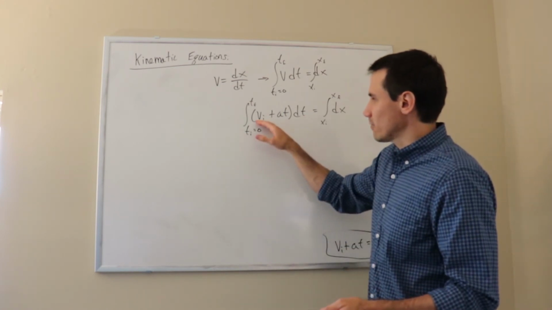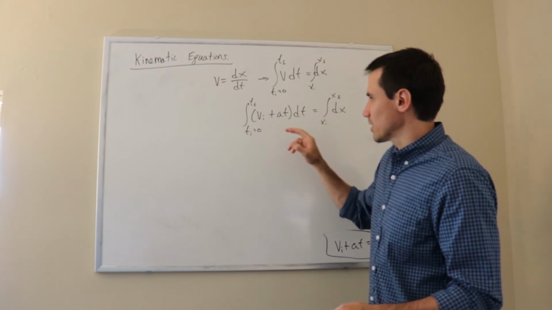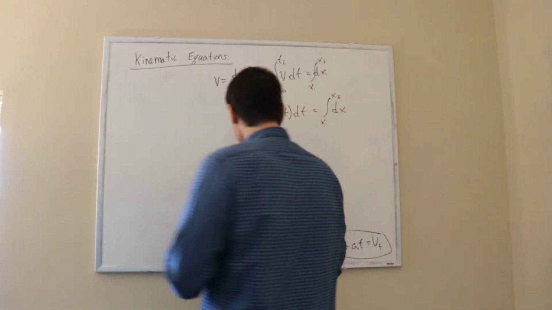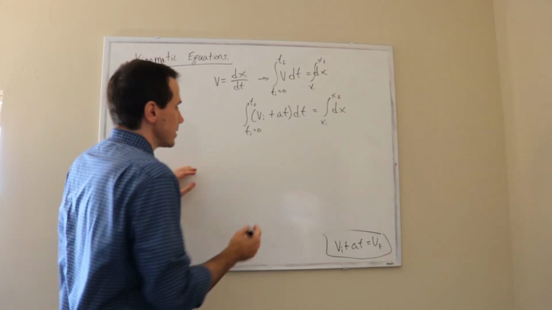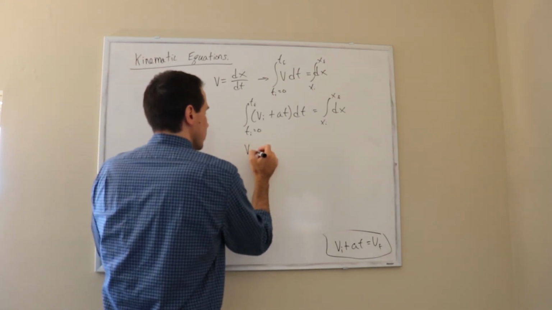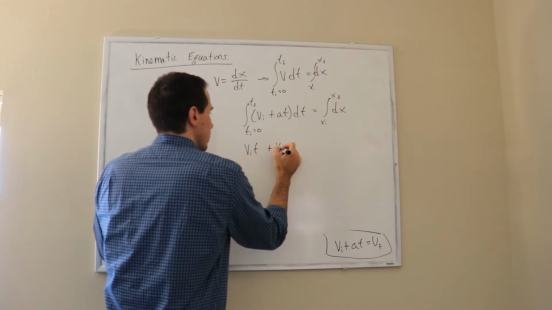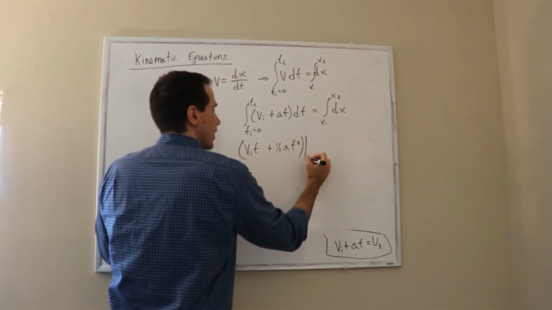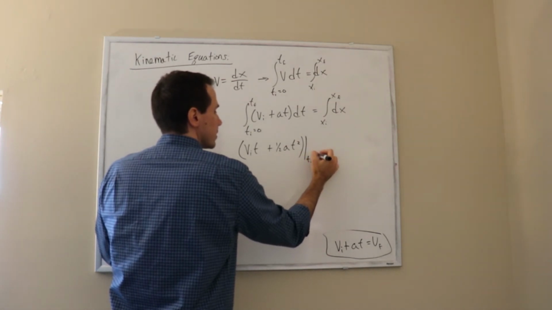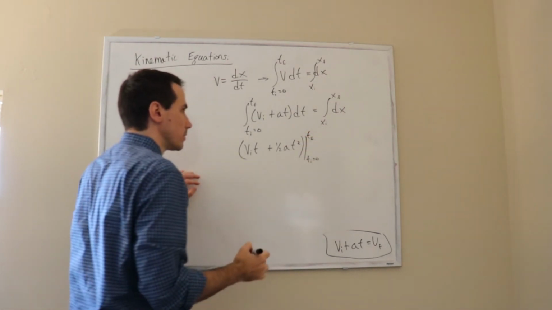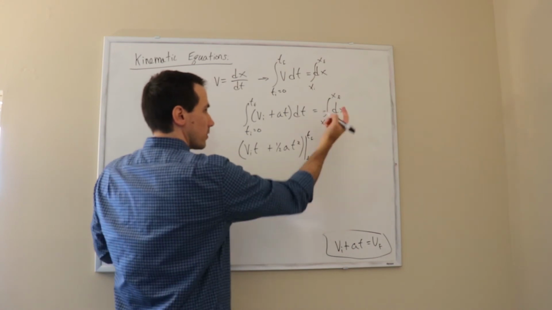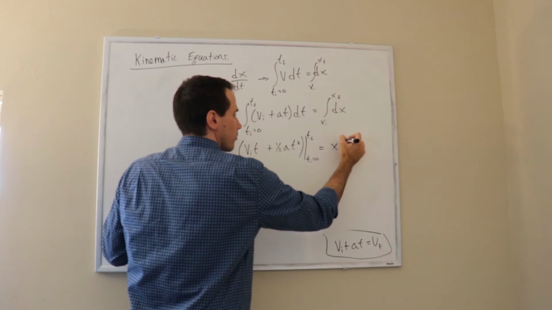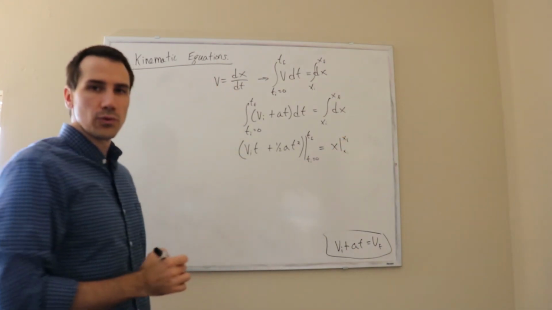So you have some velocity that you started with, and you have some acceleration. The only thing that depends on time here is t. And taking this integral, I get v initial times t plus 1/2 a t squared. And I evaluate it from 0 to t final. And the integral of dx is just x evaluated from x initial to x final.